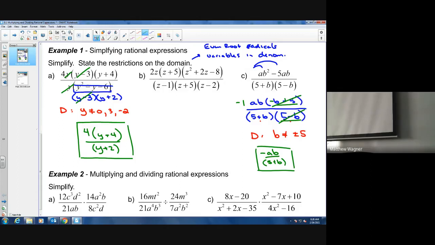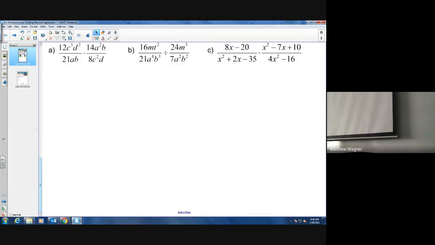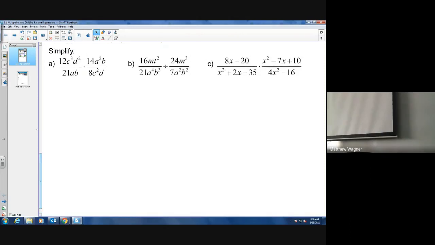So that's simplifying expressions. Now we're going to transition into a little more multiplication and division with rational expressions. First things first, I'm going to skip over A and jump right into B. Keep in mind, when we divide by fractions, that's the same as multiplying by its reciprocal.